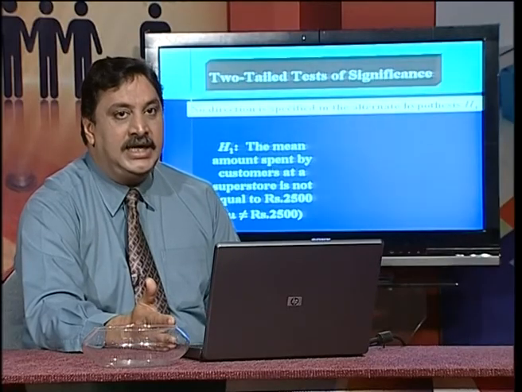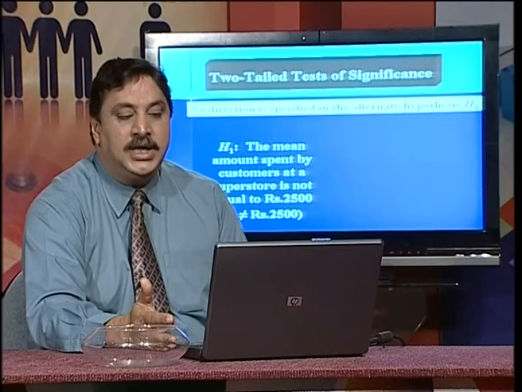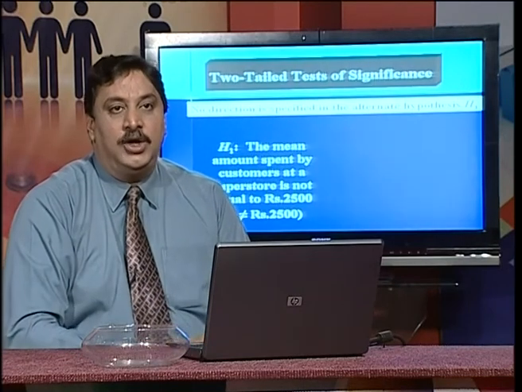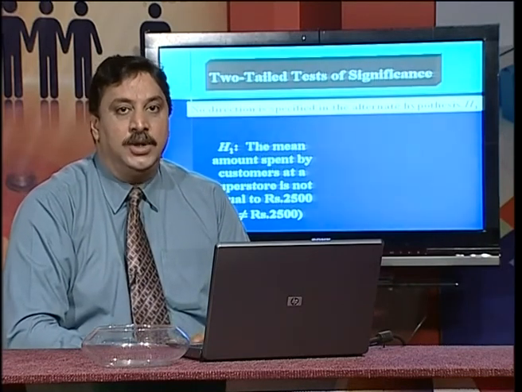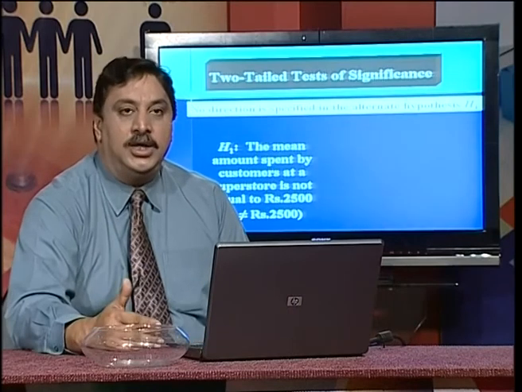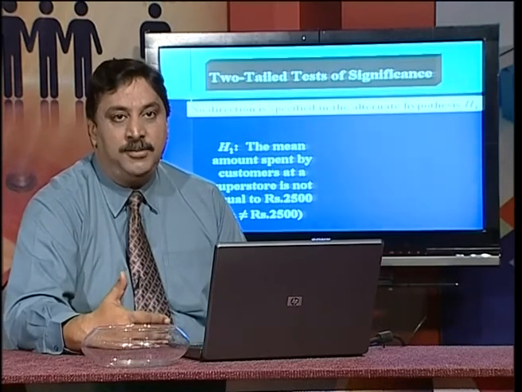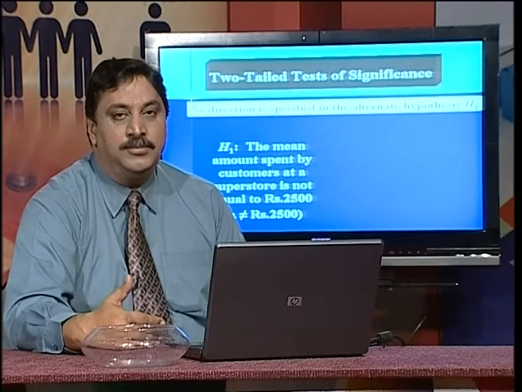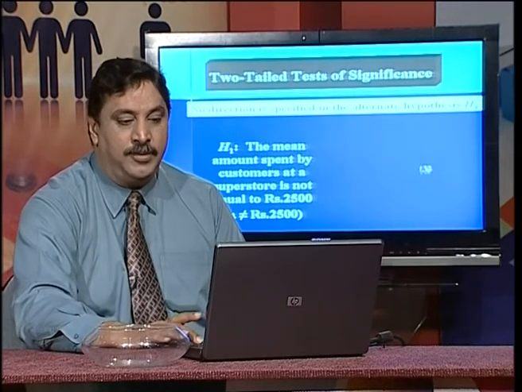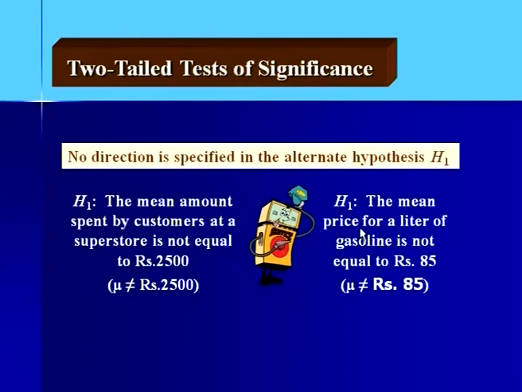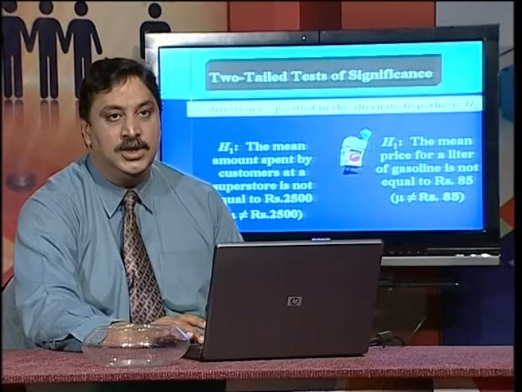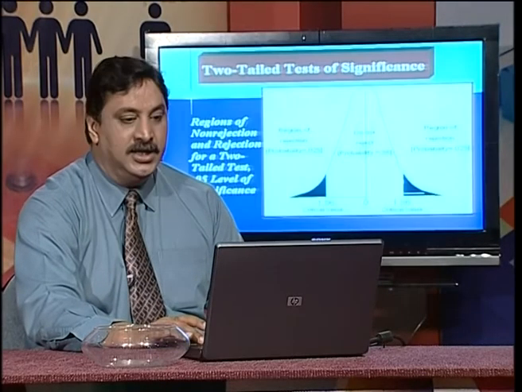We discussed the one-tail test, and now the two-tail test. In a two-tail test, we generally have the alternate hypothesis as not equal to. The population parameter may have a value less than or greater than the hypothesized value. An example is: the mean price for a liter of gasoline is not equal to some value. Remember, when we use this type of language, not equal to, this is a two-tail test.